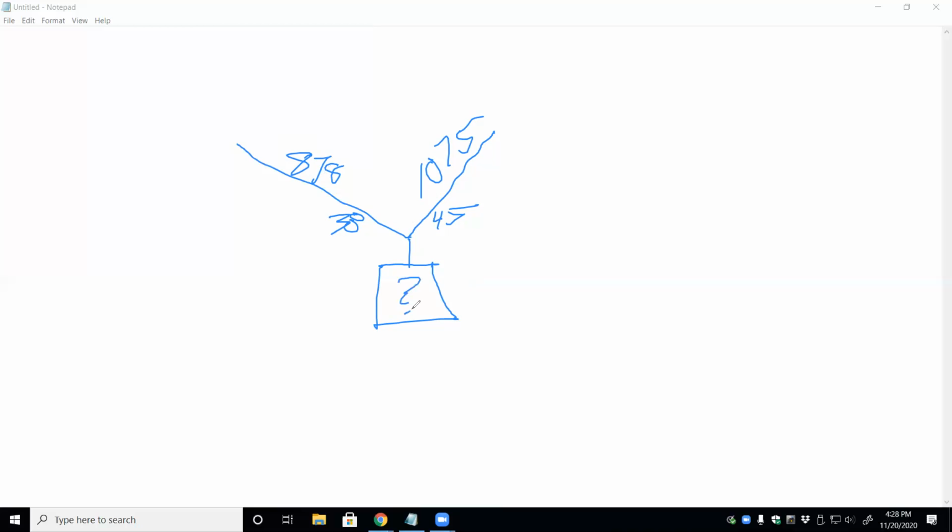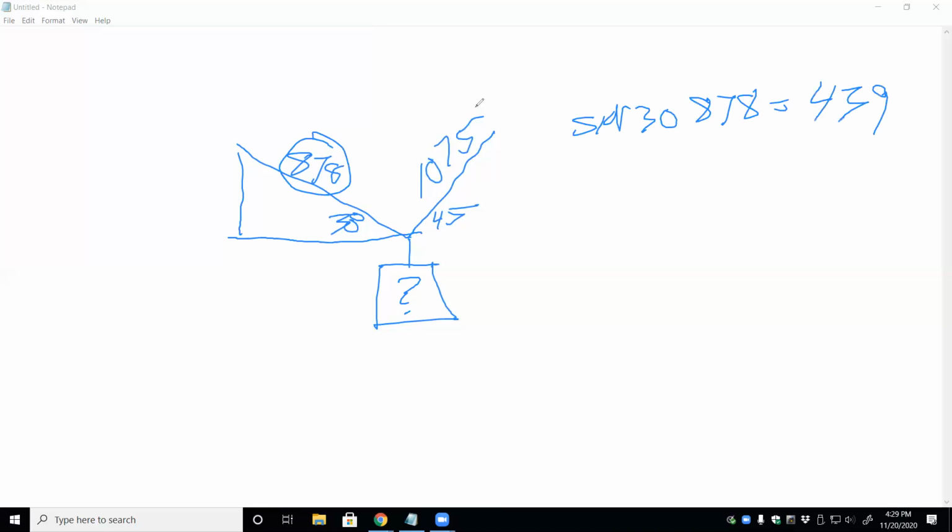So if they ask you what the weight is, you look for the vertical component of this 878. The vertical component is the sine of 30 degrees times 878, and that's 439.